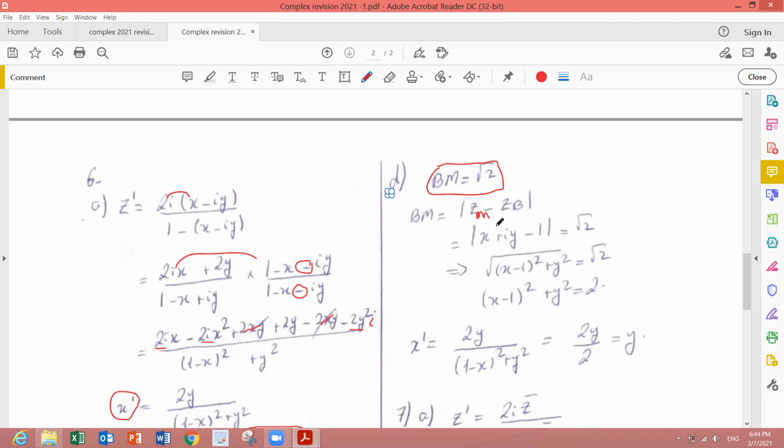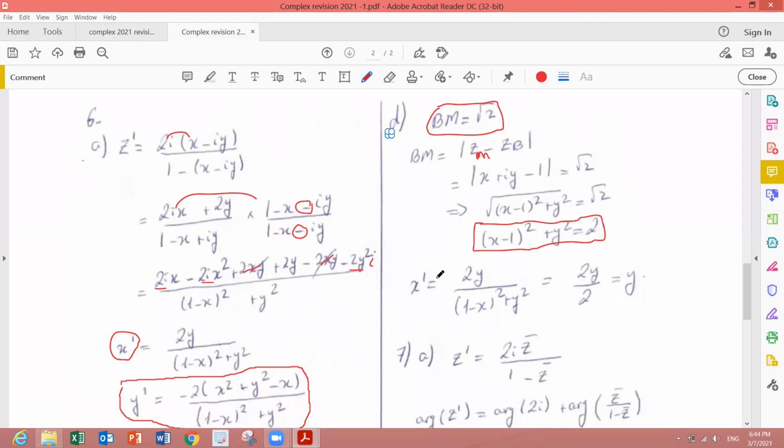The modulus is radical of the real part squared, x minus 1 squared, plus y squared, equals radical 2. So by squaring the two sides, x minus 1 squared plus y squared equals 2.